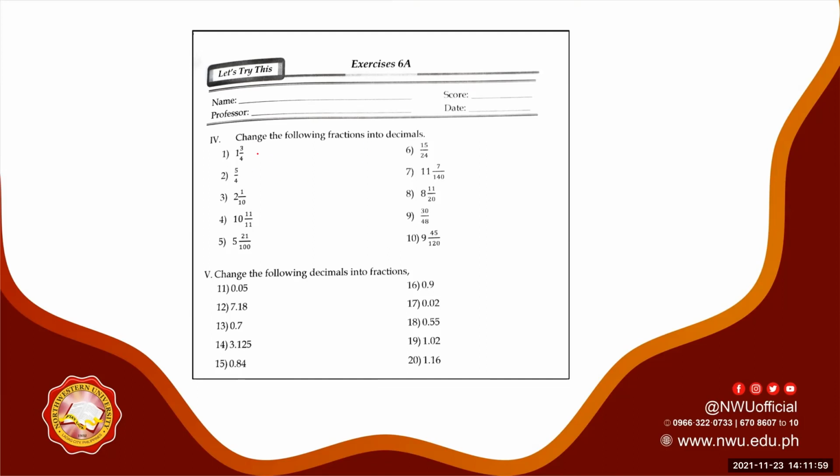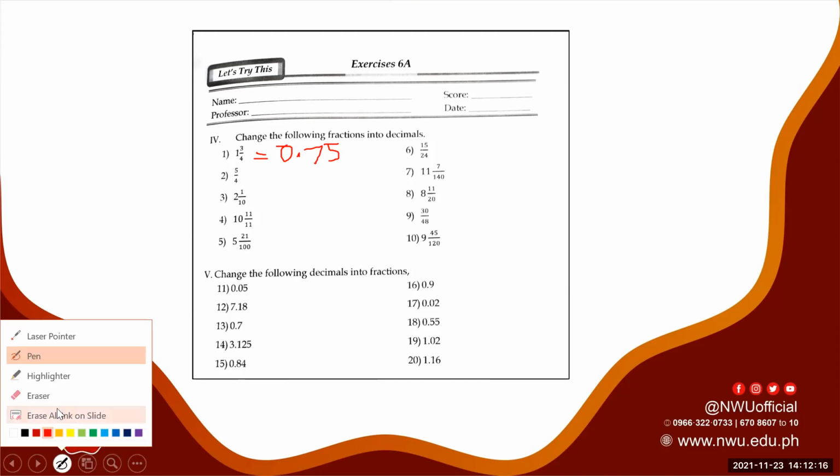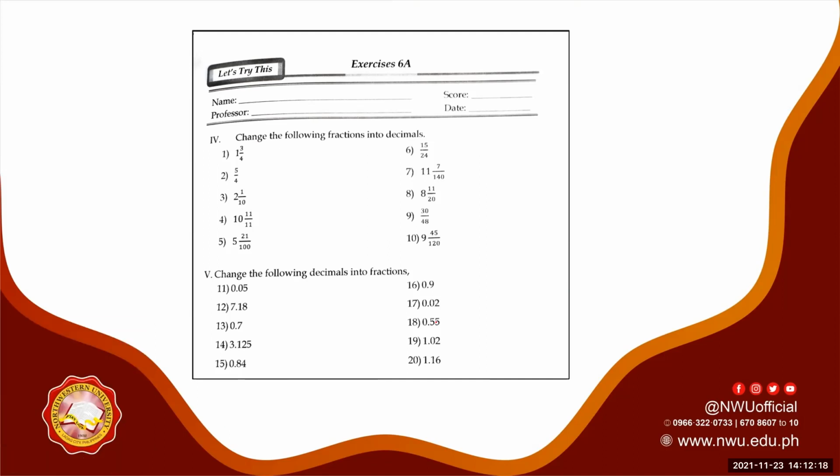I will provide a decimal number like 0.75. Tell whether they are equal or not: are they equal, true or false? That's all. You don't need to input your answers, so you won't have a hard time.